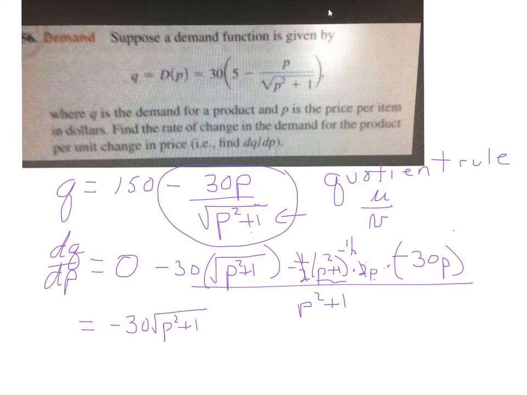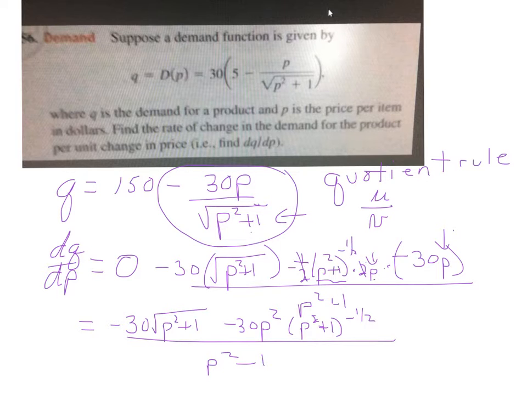And we've got a p here times another p, so we have negative 30p squared, and then that is times 1 over the square root of p squared plus 1, because that's what negative 1/2 means. I'm just going to write that right now as p squared plus 1 to the negative 1/2, and that's still over p squared plus 1.